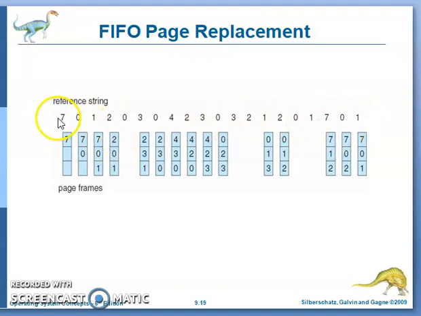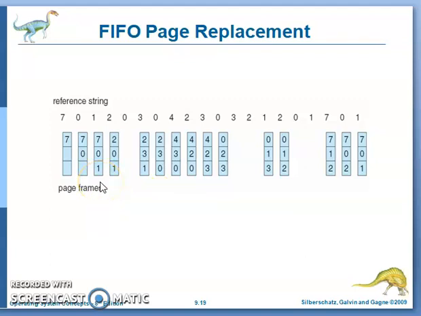The length is the total number of entries in this reference string, so 20. The page fault rate is the number of page faults divided by 20.